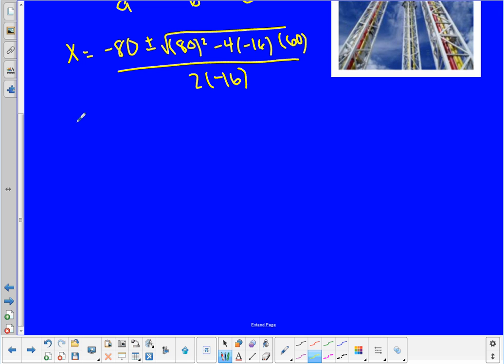So I need to simplify under the radical first. Negative 80 plus or minus 80 squared gives me positive 6,400. And then negative 4 times negative 16 times positive 60 is positive 3,840. Sorry, my fault, 3,840, not 3,800.